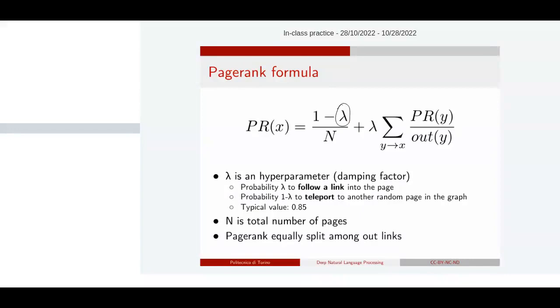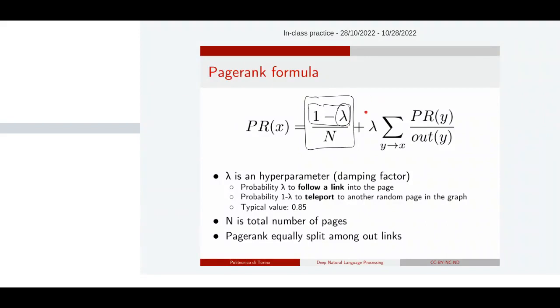Instead, 1 minus lambda, so this one, is like a uniform probability over all the pages. The idea is that this is the teleportation factor. It means that I just close the tab, open another tab, and go to another link. So I'm teleporting to another page on the web. So we have those two parameters. This is the probability of going to a random web page.